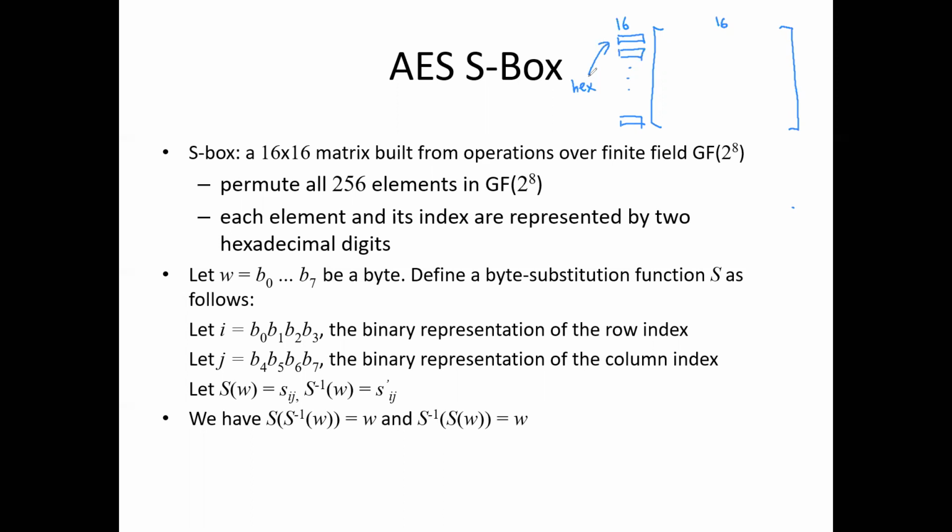Same here, for each row and each column is also a 4-bit number. And for each element, because you got 256 elements, each element is a byte, and it is going to be represented by 2 hex numbers. The first 4 bits is 1 hex number, the second 4 bits is another hex number. So that's what this matrix is.